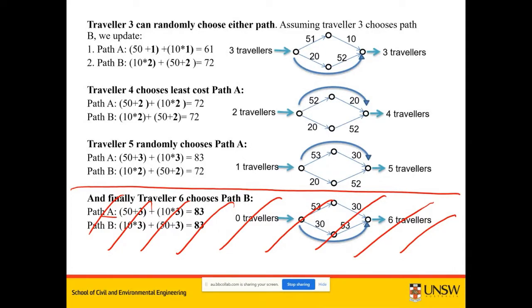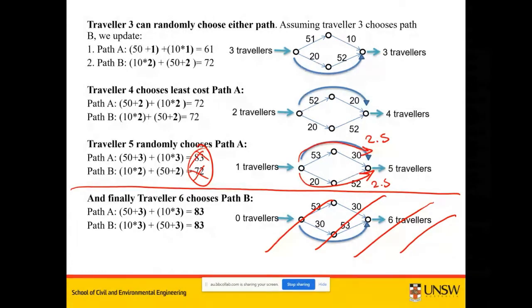If your interval is half a traveler, you will end up with 2.5 travelers on the top path and 2.5 travelers on the bottom path, and you will end up with the same path travel time on A and B. So you would solve this problem of not having equal path travel times, but at the same time, I don't want to say you create an issue. It's not really an issue to have a non-integer volume, but physically it doesn't make sense. We don't really have half a person traveling.